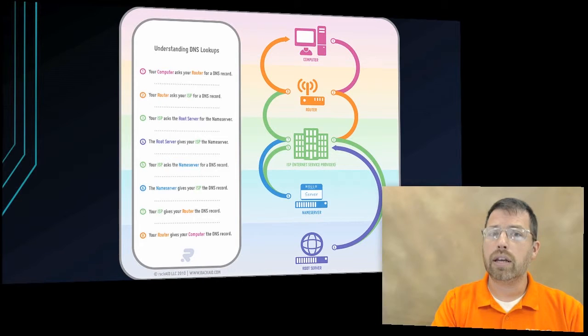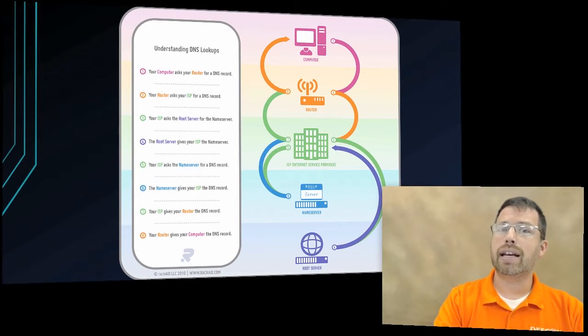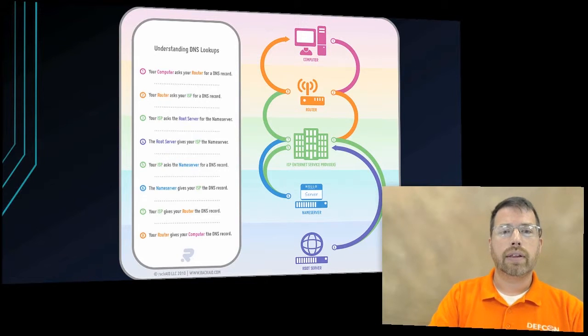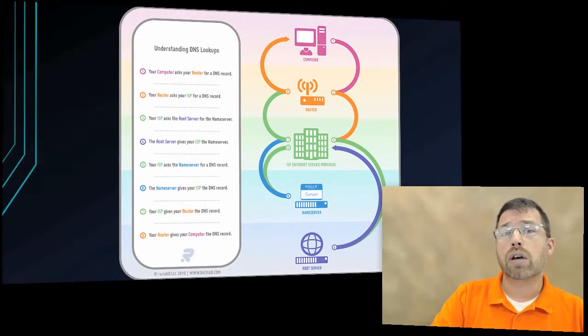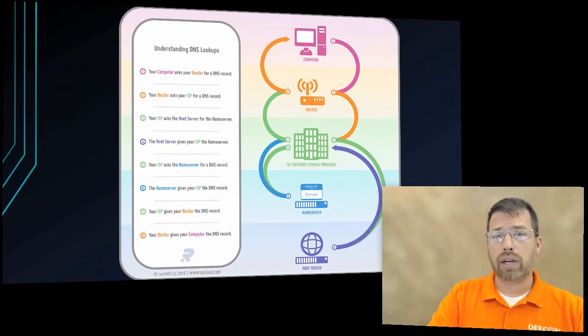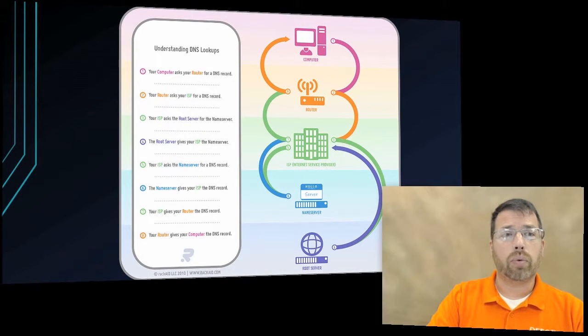If it doesn't know it, then it's going to go basically out to the next DNS server. It's a layer of trees, let's say, different layers that it's going to go out and keep on asking further and further up this layer list until it actually finds out who knows who google.com is. Once they find out who Google is, then it relays it back down that chain until it gets back to our computer so we can actually get to our website that we want to look at.